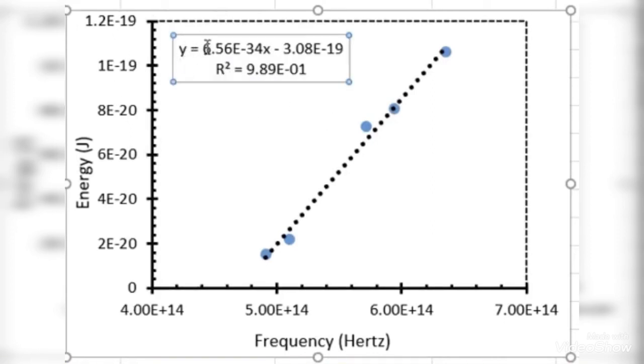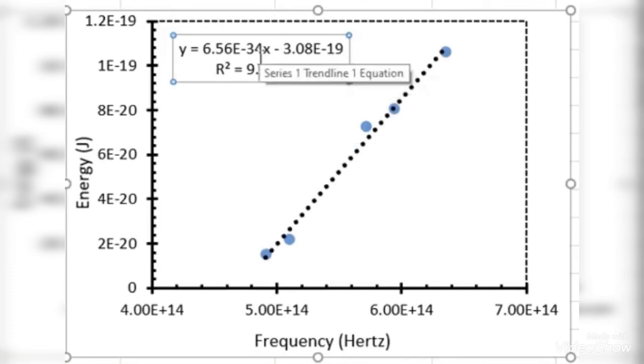So here we have the line equation, and based on it, y equals 6.56 times 10 to the minus 34 x minus this value we have here.